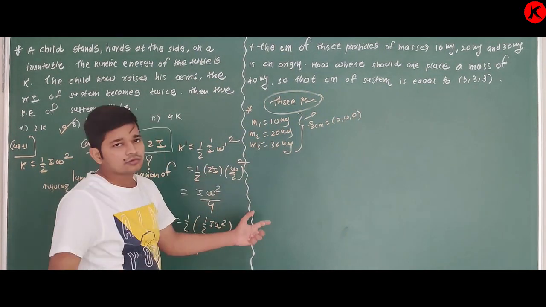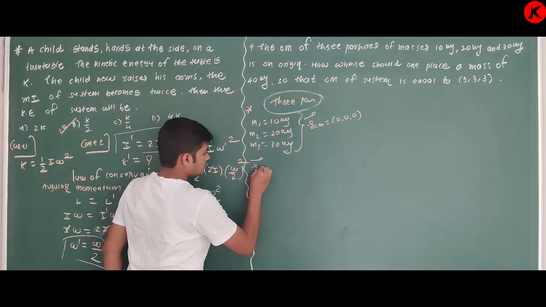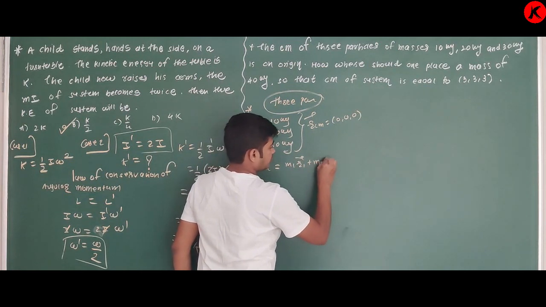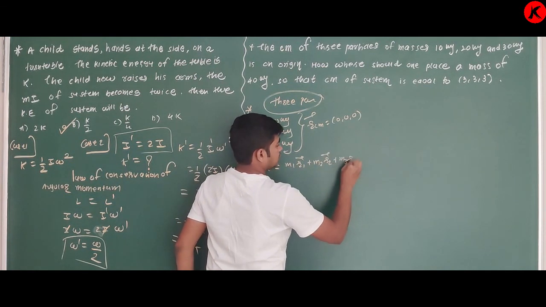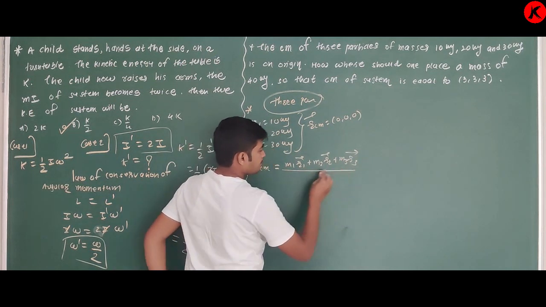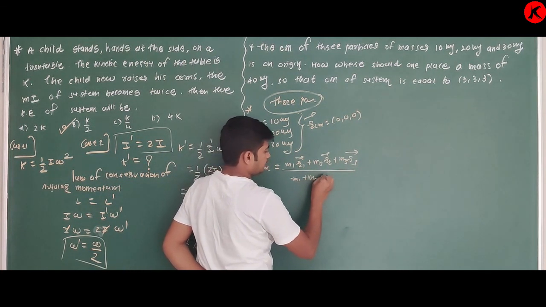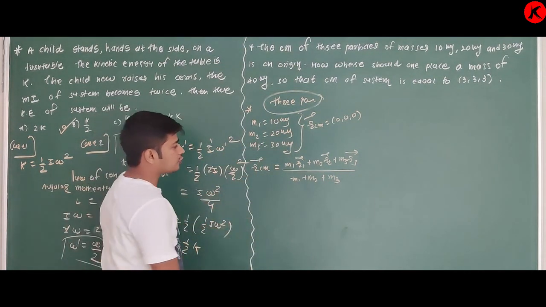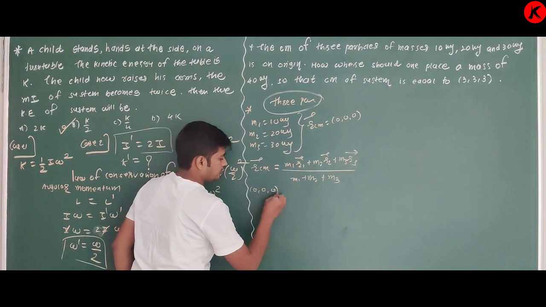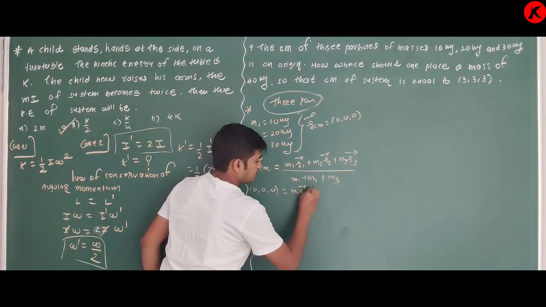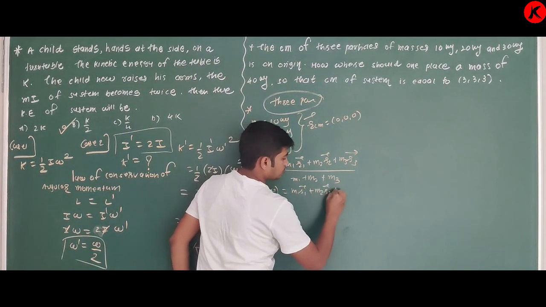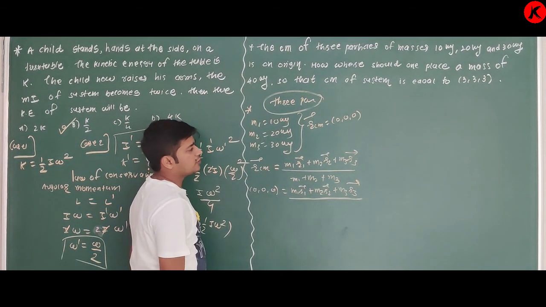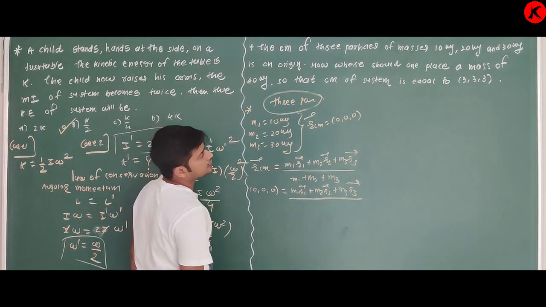So for this you can write the equation: the center of mass is equal to M1 R1 plus M2 R2 plus M3 R3, divided by M1 plus M2 plus M3. But as our center of mass is 0, 0, 0, it is equal to M1 R1 plus M2 R2 plus M3 R3 divided by M1 plus M2 plus M3, which is 10 plus 20 plus 30, that is 60.